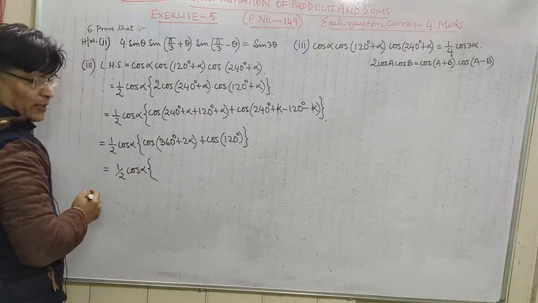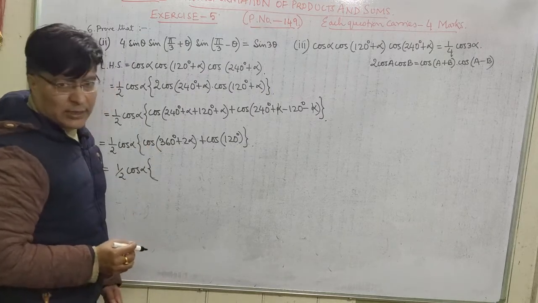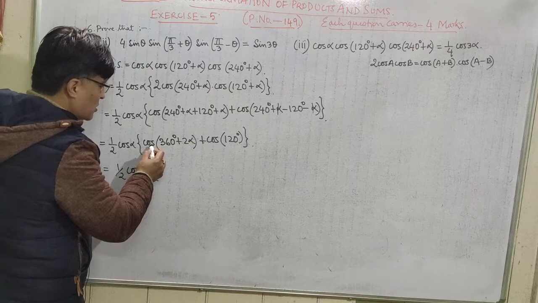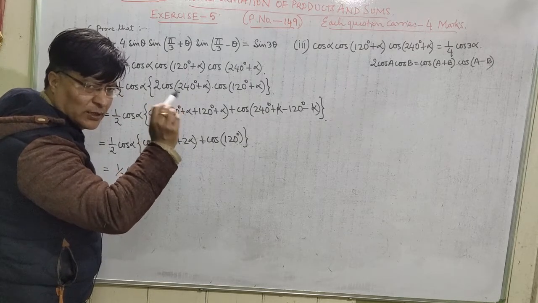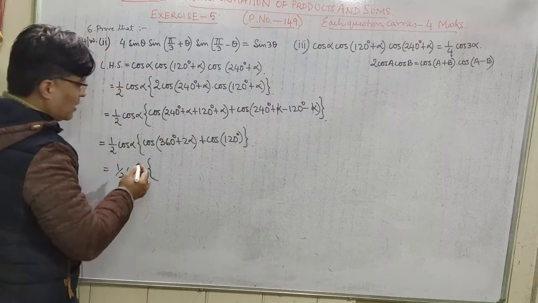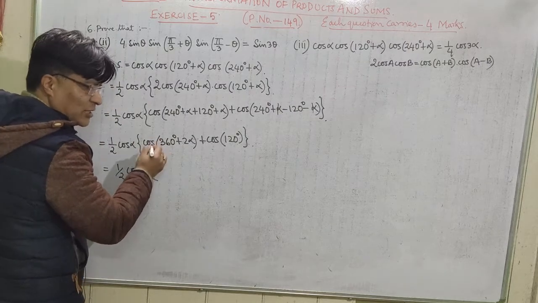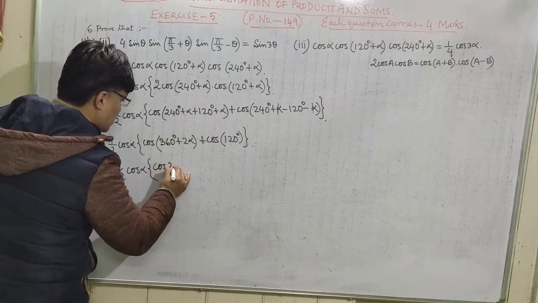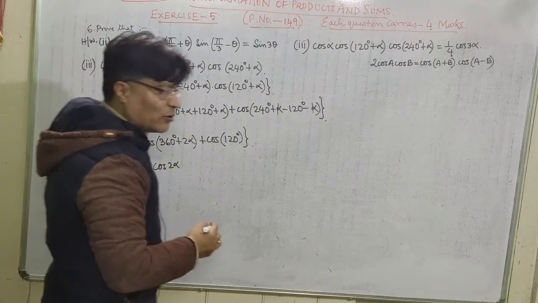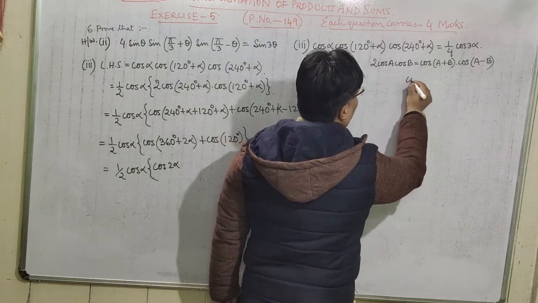Now within second bracket, what is the formula that you can use here? This is cos of 360 plus theta. So it lies in the first quadrant. In the first quadrant, cos is always positive. And since 360 is 90 into 4, that is even multiple of 90, cos remains same. That is cos 2 alpha. And what is the value for cos 120? How can you find it?